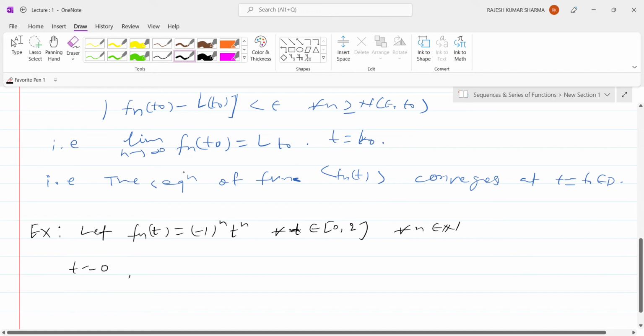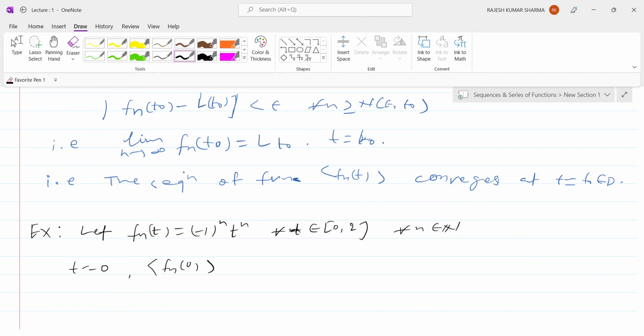At t is equal to 0, what happens? At t equal to 0, the sequence f_n(0) equal to 0. This is a zero sequence, n equal to 1 to infinity: 0, 0, and so on. This is converging to 0.